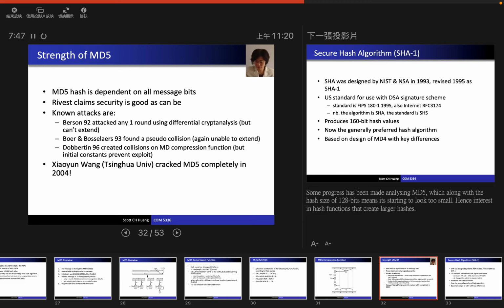She's leading a team of more than 10 PhD students researching this area.